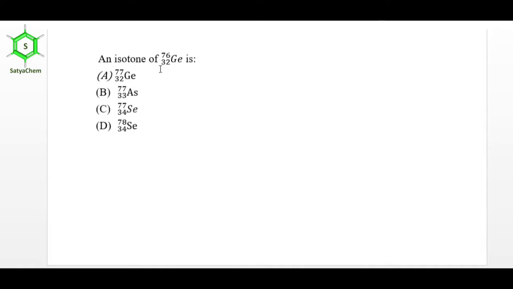Now, an isotone of germanium 76/32, there are 4 options. Two nuclei are called isotones if they have the same number of neutrons. In this nucleus the number of neutrons is 76 minus 32, which means 44.